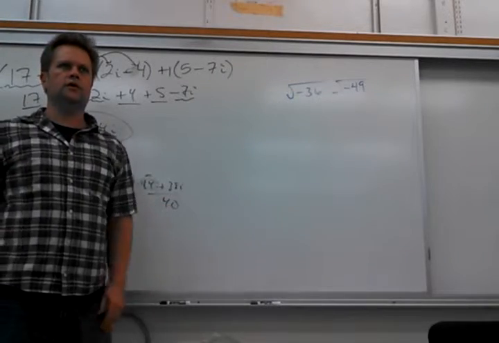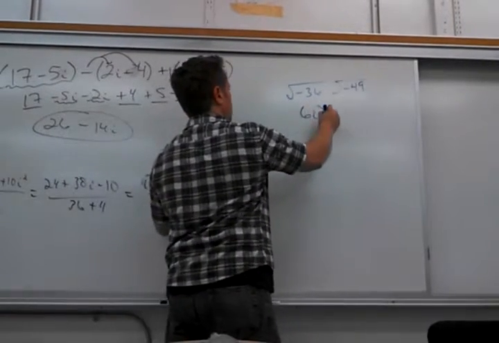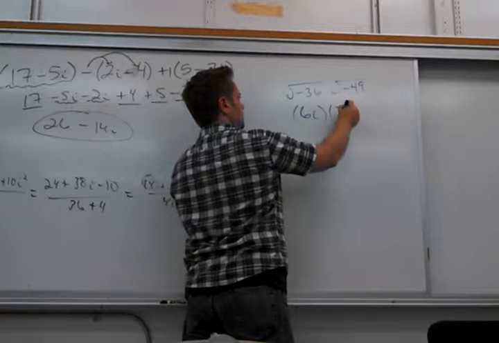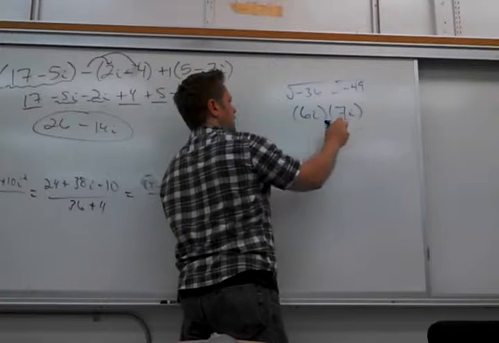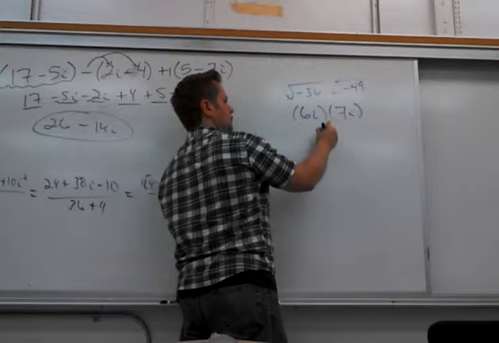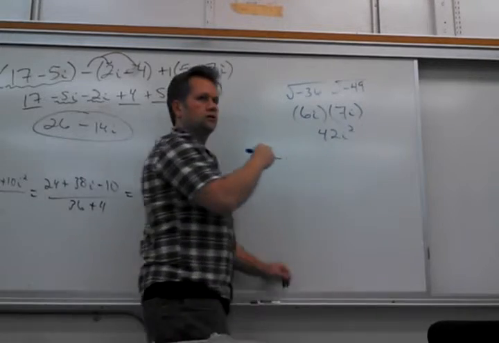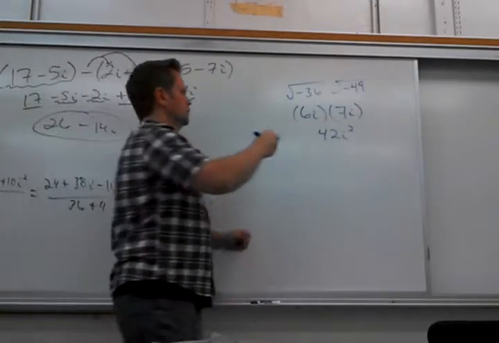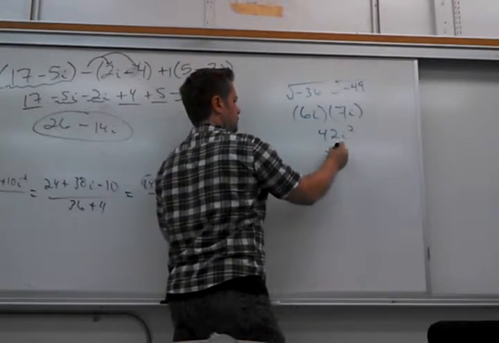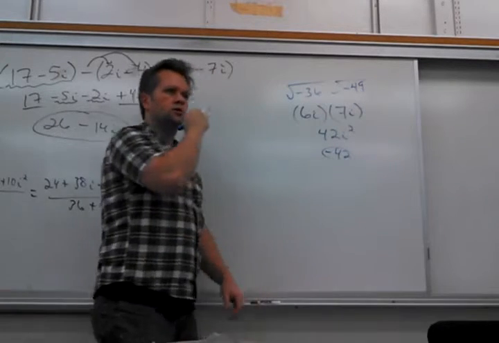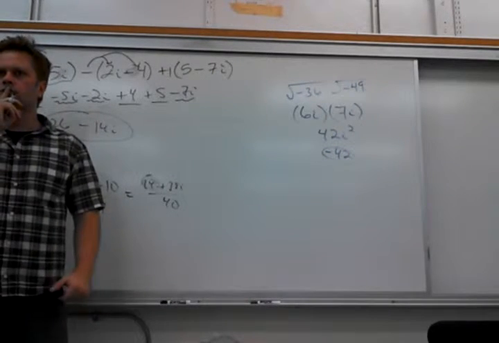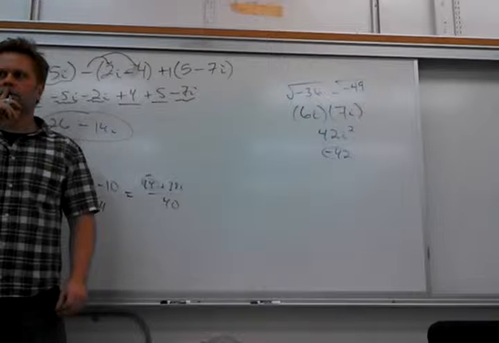There you go. 6i. And 7i. What's 6i times 7i? 42i squared, and then what's i squared? Negative 42. So the 42 times negative 1 is negative 42. That's it. I'm sorry, it's that simple.